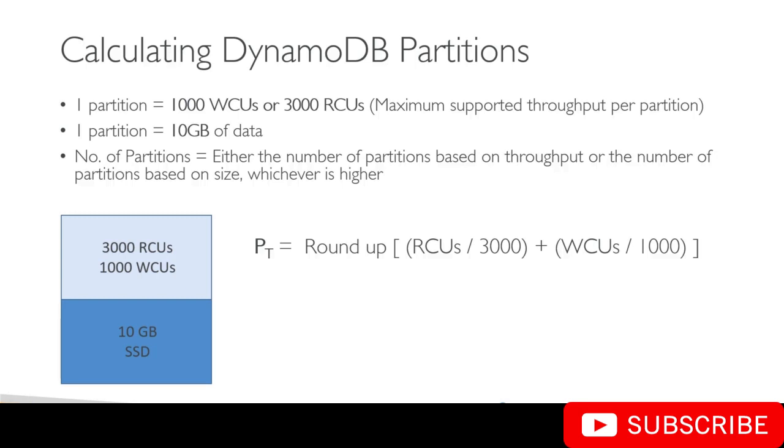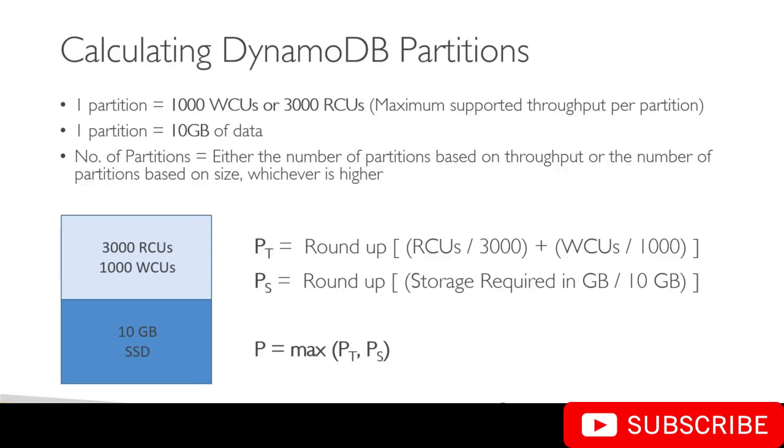Similarly, based on size, you simply divide your storage in chunks of 10 GBs and then round that up, and the maximum of the two will give you the number of partitions that DynamoDB might use internally for your table. Now, DynamoDB does not disclose the number of partitions, but you can estimate the number of partitions using this simple formula.